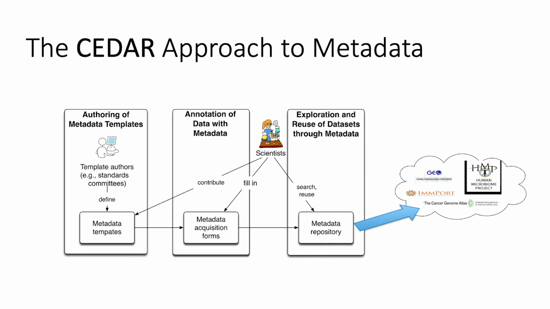We take those templates, and in the middle panel, we have a facility whereby scientists can describe their data by filling in those templates, by looking at the appropriate data types and automatically filling in the blanks with the right kinds of data, selecting terms from ontologies to make all the data consistent and standardized.